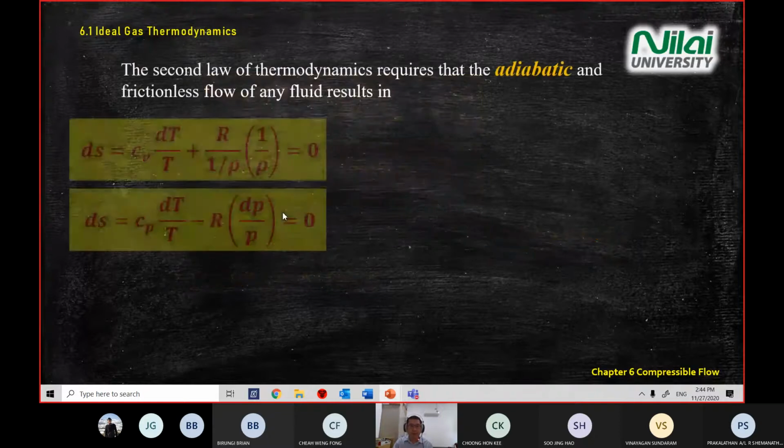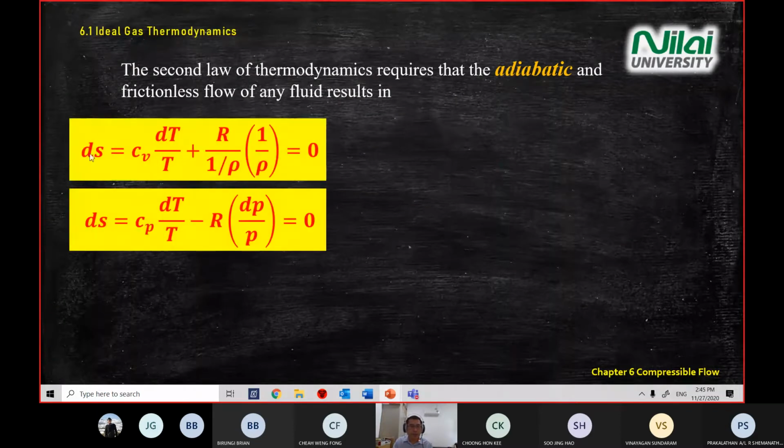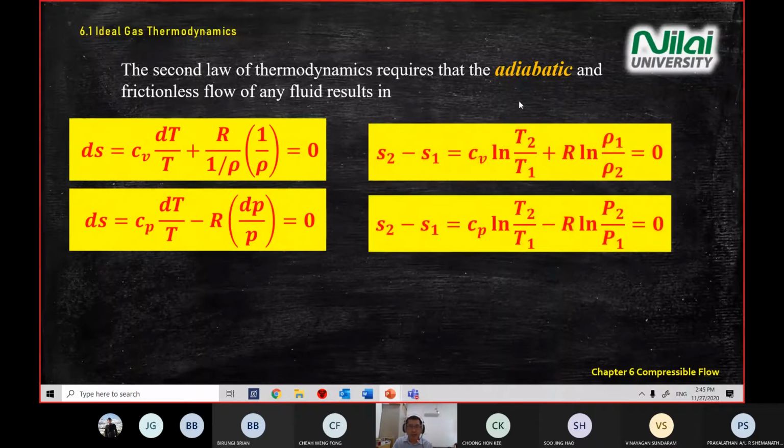Okay. All right. Now the next thing that we need to learn today is what is adiabatic. Adiabatic, this word you will see a lot of times in the exam. Adiabatic means there is no heat transfer. There is no heat transfer. So in the equation just now, change of entropy equal to 0 means that there's no heat transfer inside there.